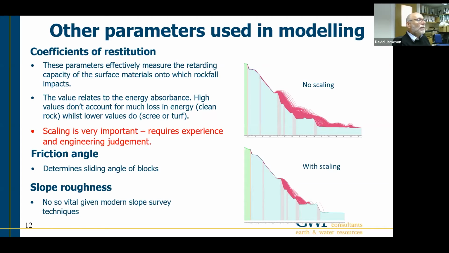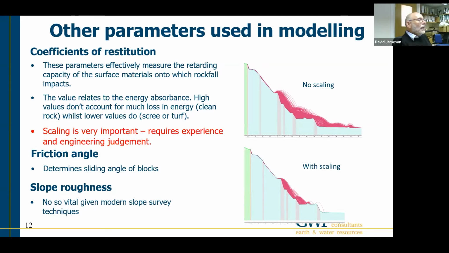It's ascribing the parameters that tell the model how much energy is lost, both as a normal coefficient to the slope and a tangential coefficient to that slope, that dictates the amount of energy then available for it to bounce off the slope, or bounce or roll or move further down the slope.